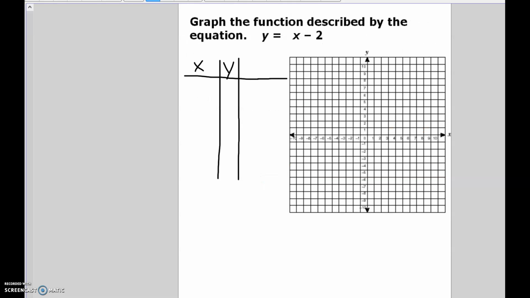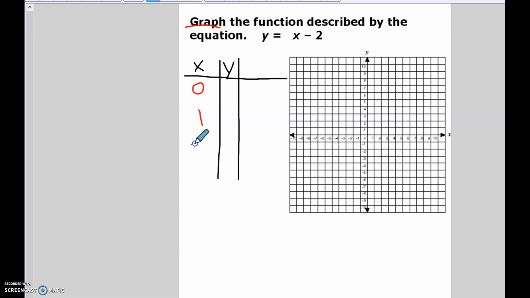All right, next. Now what I'm going to do is they give me an equation and I'm going to make a table and then graph this function. They don't tell me what to use for x, so if your homework doesn't tell you what to use for x, then you can just use 0, 1, 2.